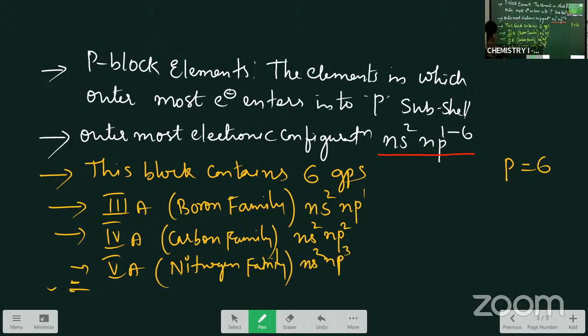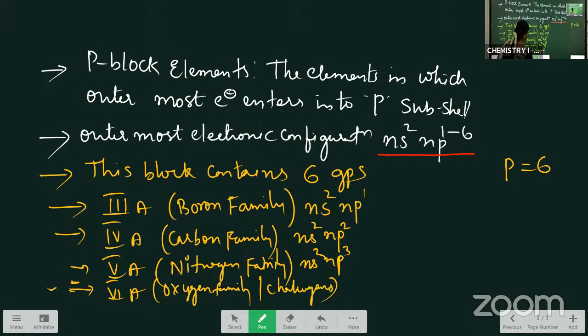The next, the 16th group, is called the oxygen family, also called chalcogens, the mineral formers. The configuration is NS2 NP4.